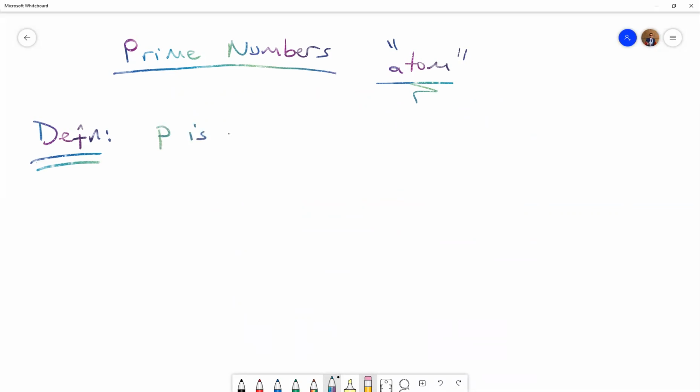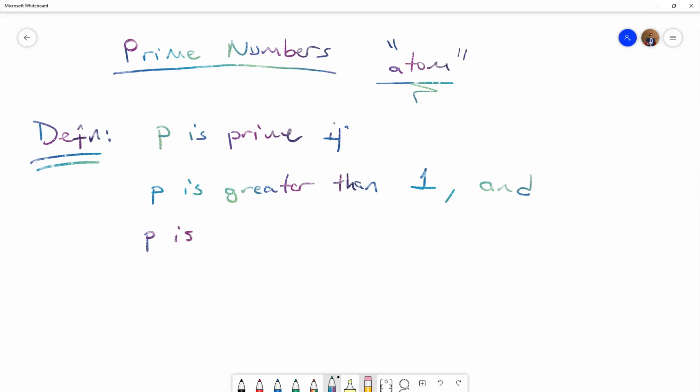P is prime if P is greater than 1 and P is divisible only by 1 and P. This is important, by 1 and P.